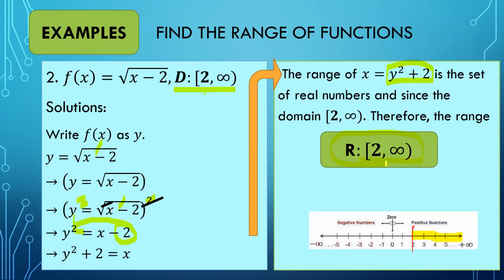And in real number line, we have this one: from 2 to positive infinity, excluding all numbers from negative infinity to 2.